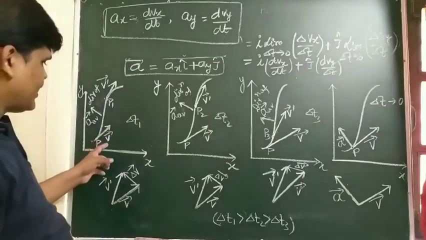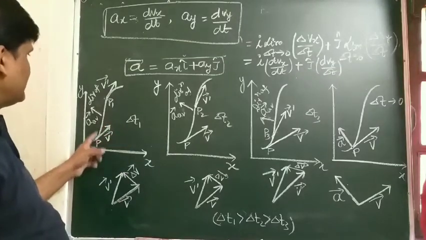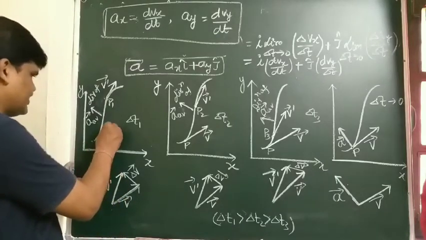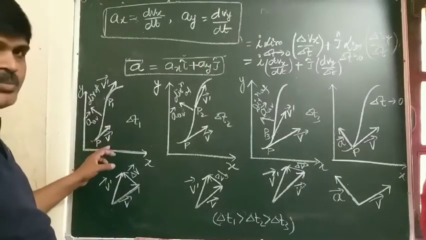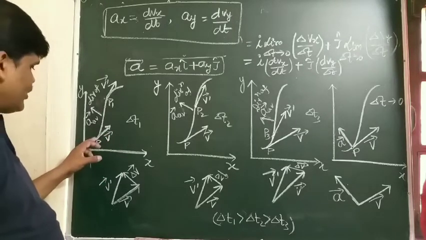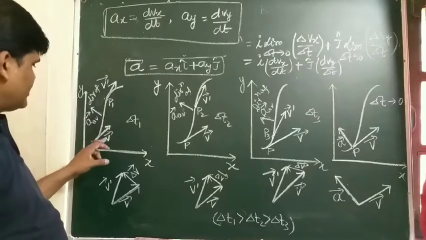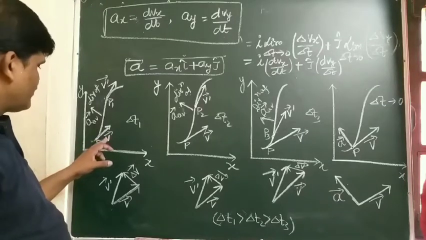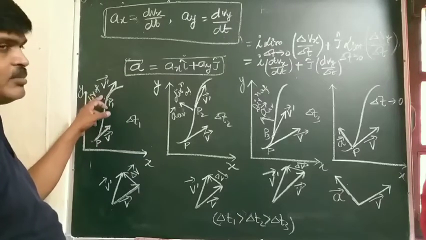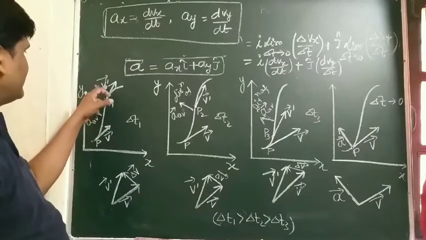Now the position of the object at time t is P, and the direction of velocity of the object at time t is shown by the tangent to the point P. So vector v, and after time delta t the velocity of the object is v dash.